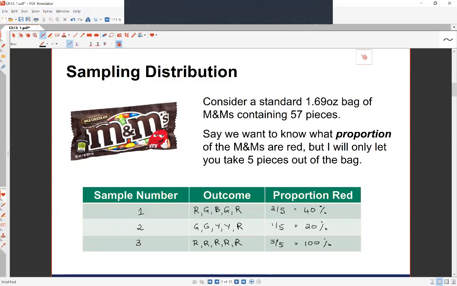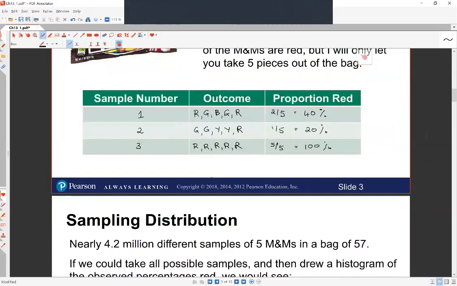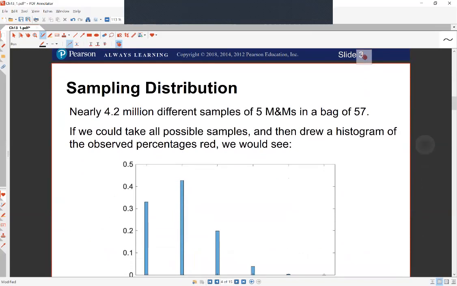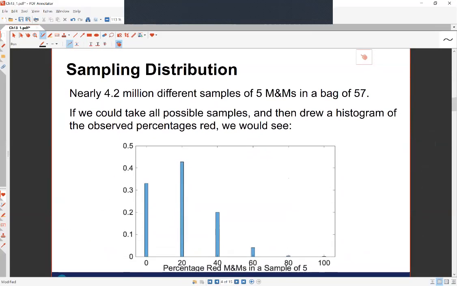So a lot of different things could happen when I take a sample of M&Ms. Each of these samples is a plausible outcome. They may not all be equally likely, but all of them could happen. Now, a nice thought exercise would be to think through how many possible samples could I take, right?